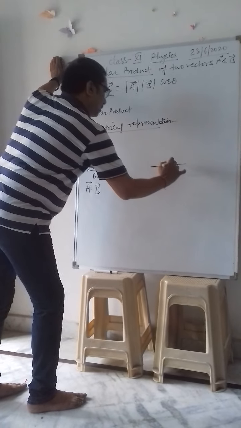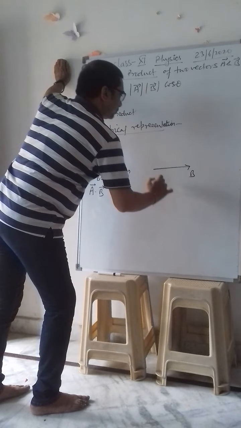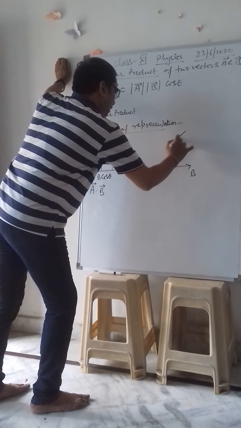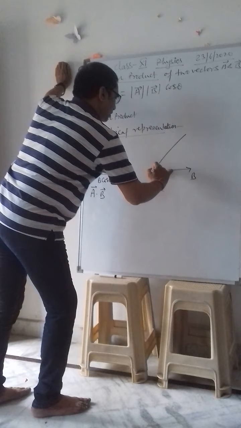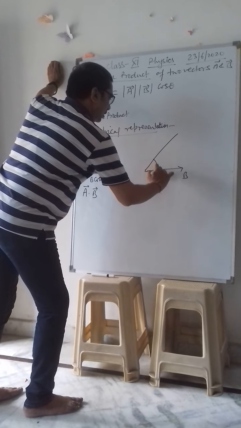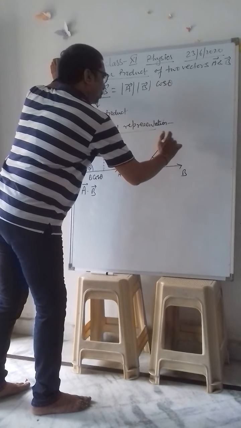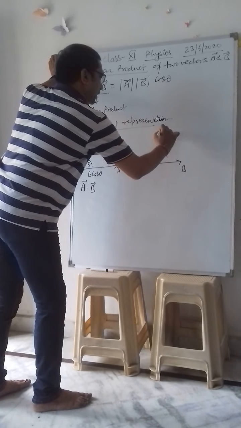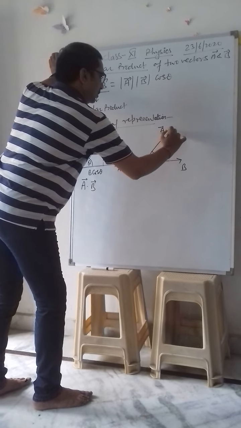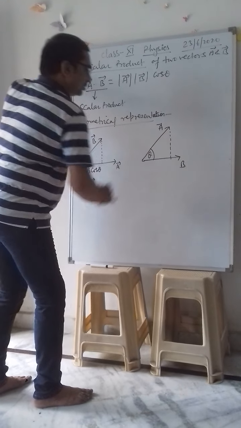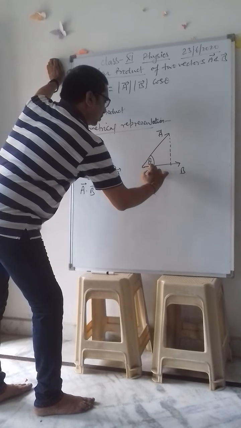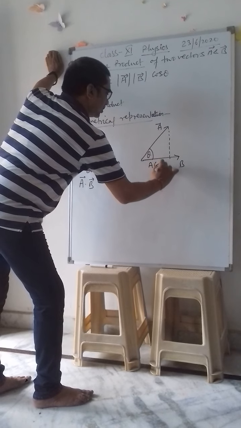this is vector B and this is vector A, with the angle theta, and the projection of this vector A is A cos theta.